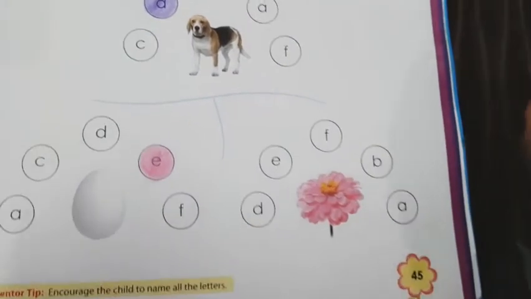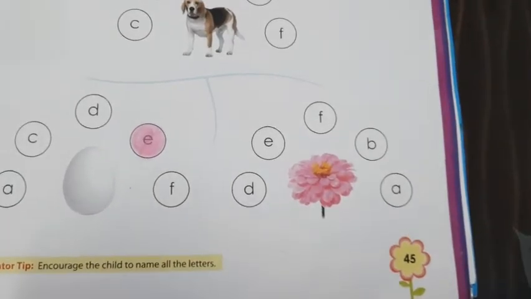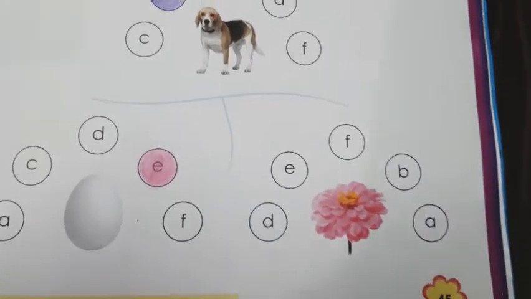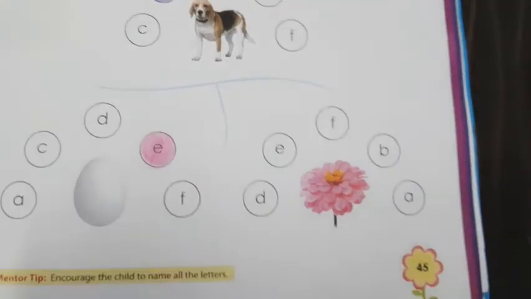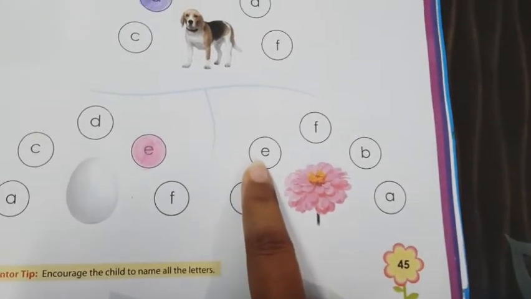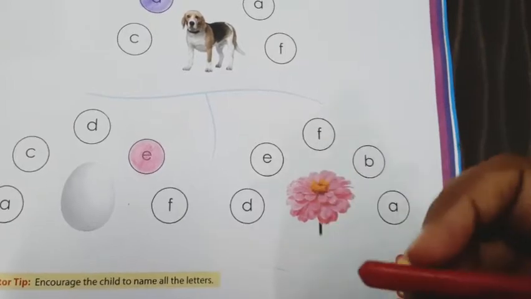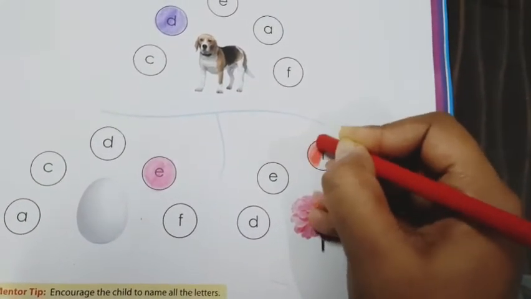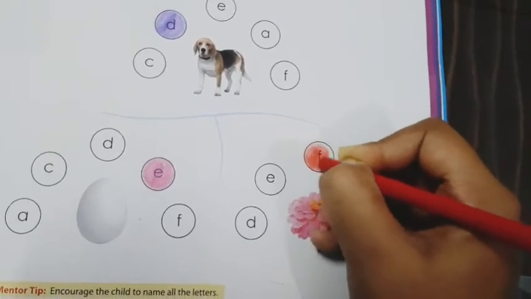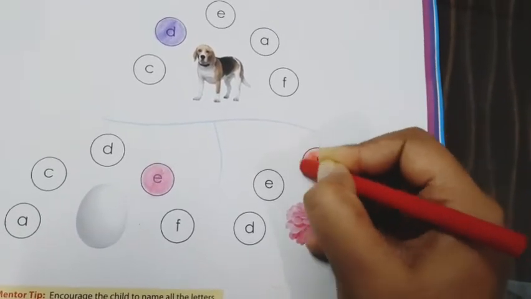Now next, which picture is this? It's a flower. F for flower. So where is the letter F? Is this? No. Is this? Yes. So color the letter F. Fine.